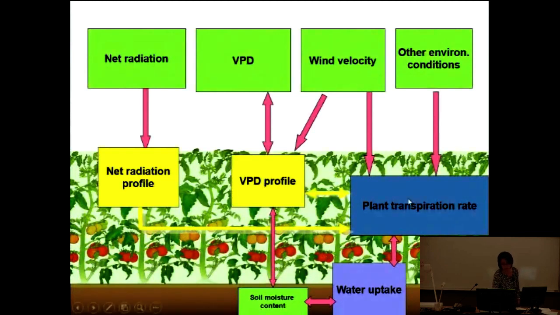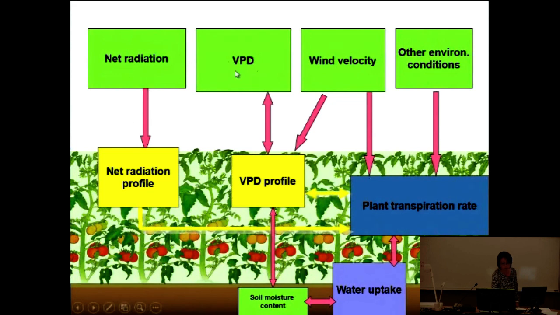And then that transpiration rate is adding more moisture to the microclimate, therefore it would directly affect the moisture profile, in this case VPD. And VPD would affect back the transpiration rate because VPD is the driving force of the vapor diffusion from the stomatal cavity to the outside air, right?